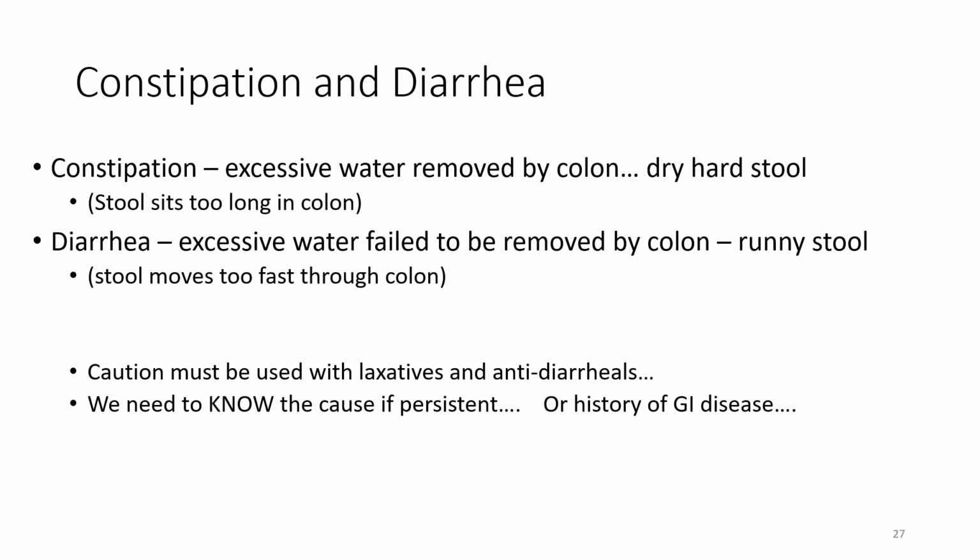So when we talk about constipation and diarrhea, acute diarrhea is going to be less than 14 days. Chronic diarrhea is going to be greater than 14 days. Okay, if you've had diarrhea for greater than 14 days, I would hope that you've gone to see a physician before that. But just know the difference between acute and chronic.